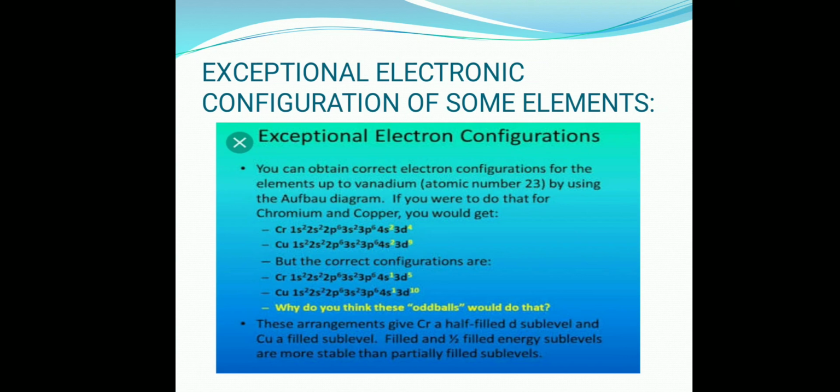Here 3d5 is a half-filled electronic configuration. It is more stable. In copper we can see 1s2, 2s2, 2p6, 3s2, 3p6, 4s1 and 3d10. It is having a filled electronic configuration, so it is more stable. Here we can see the exceptional electronic configuration for copper and chromium.